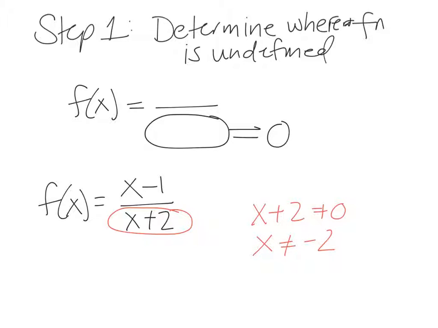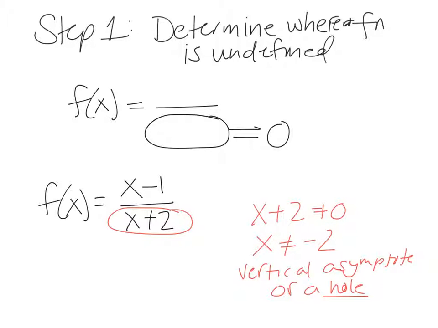Now, whether this is a vertical asymptote or a hole is going to depend on the rest of the function. It's either going to be a vertical asymptote or a hole in the function. The only reason it wouldn't be a vertical asymptote is if you could simplify your function and you had a factor on the numerator and the denominator that would cancel.